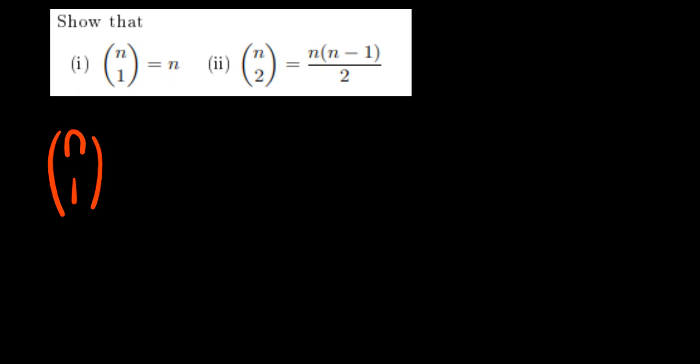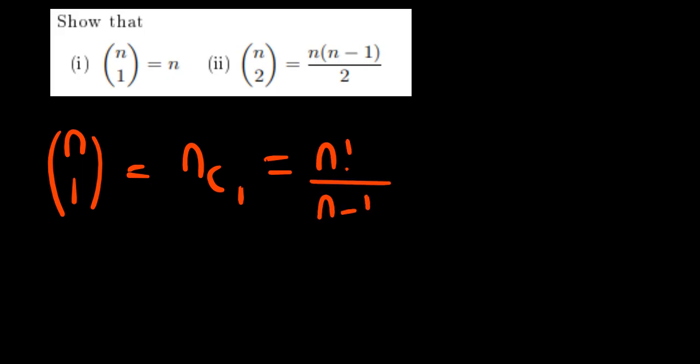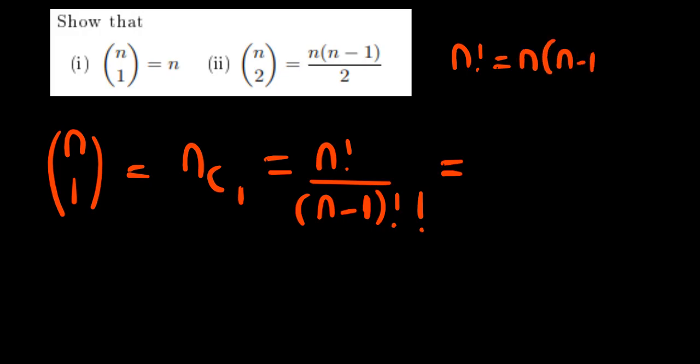So we can start. What are we going to do? The same principle, n combination 1 is just the same as n factorial over n minus 1 factorial, then 1 factorial. Then we just have to solve. Now n factorial on top is just the same as n times n minus 1 factorial.